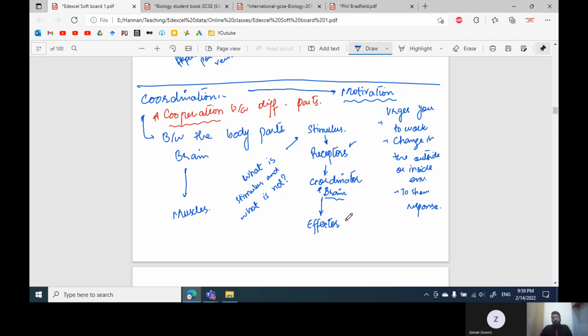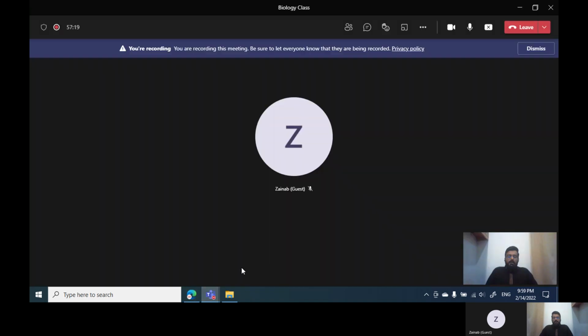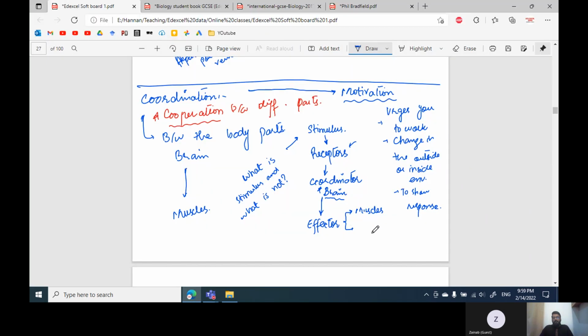Those organs which are going to show the response are called effectors, for example, muscles. We walk, we run, we punch, we kick, we move away. These are all under the control of the muscles. Then also there are some glands which can show the response. So the result of the effector is the response.